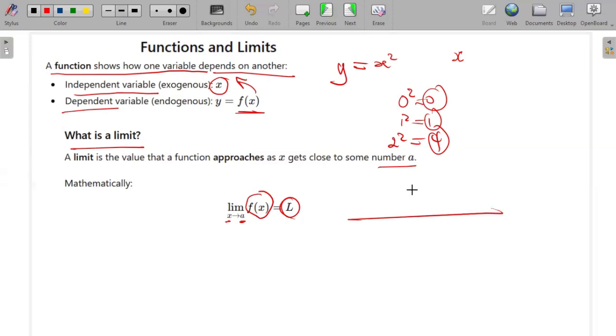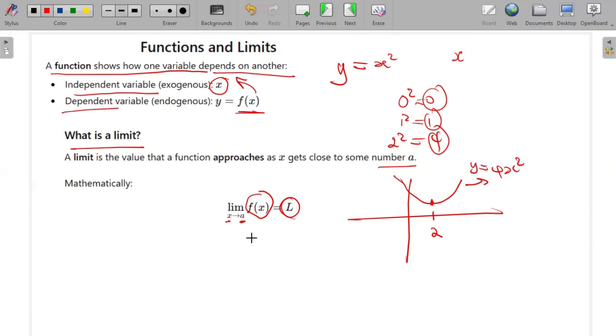What this means, if we draw it graphically, let's say we have a function like that, and then you have this point here. Let's say this point is 2. And this function is defined by 4x squared, so y is equal to 4x squared.